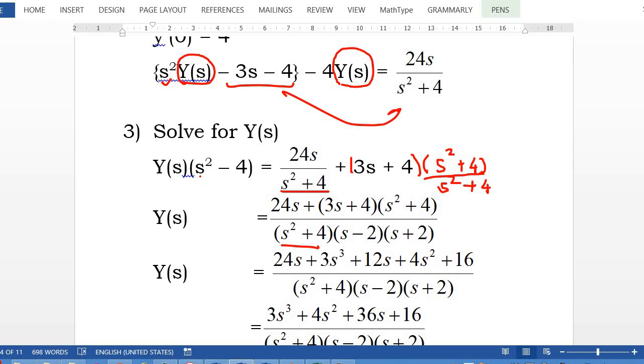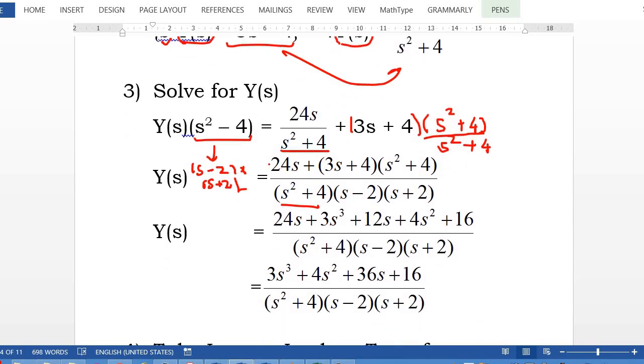Because we want one Y(s), the s squared minus 4 is equal to (s minus 2) times (s plus 2). So that's why Y(s) is 24s plus (3s plus 4)(s squared plus 4), divided by s squared plus 4. These two terms actually come from the s squared minus 4.